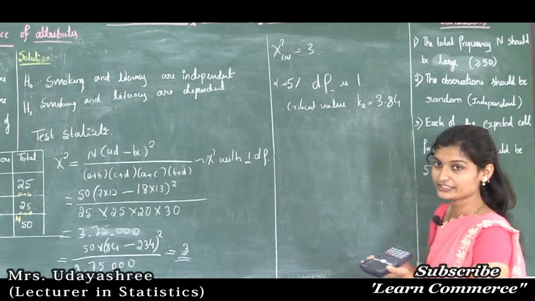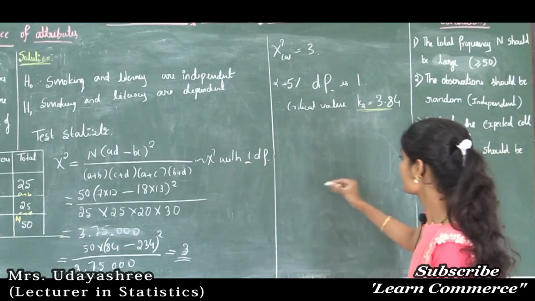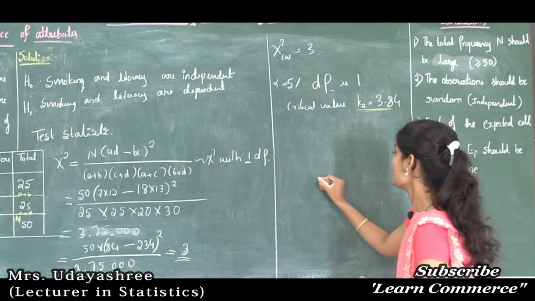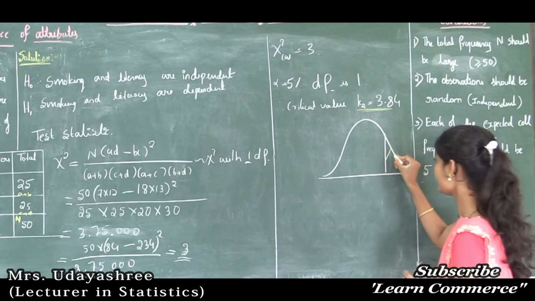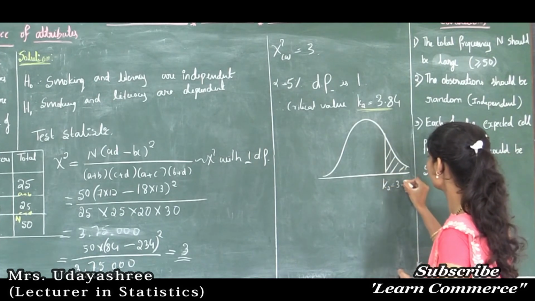So we got the critical value from the statistical table. This is an upper tail test, in the sense that it is a right tail test. If it is a right tail test, then the rejection region is located on the right side of the probability curve. So this is the table value, 3.84.